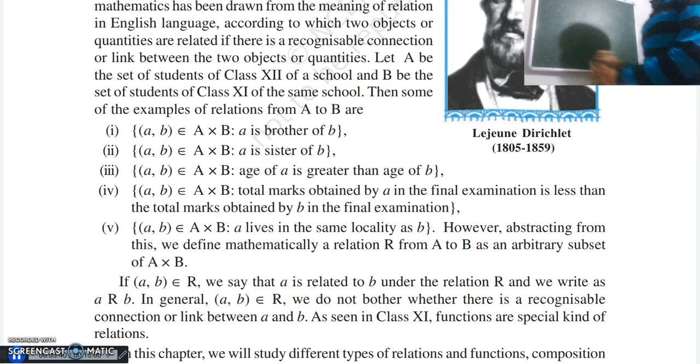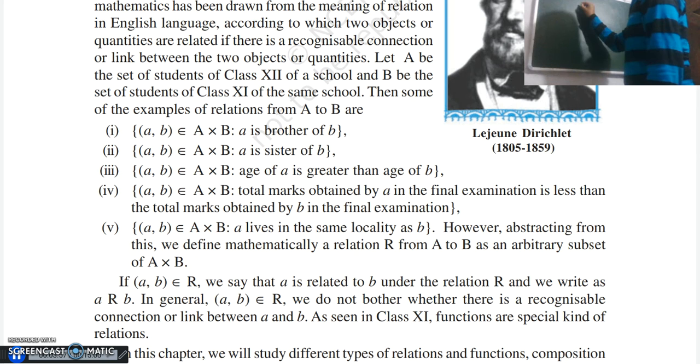So if there are 2 non-empty sets A and B, again these circles, and I take 1, 2, 3 here and A, B, C here, then what the topic says is that we would multiply. Cartesian product says (1, a), then (1, b).